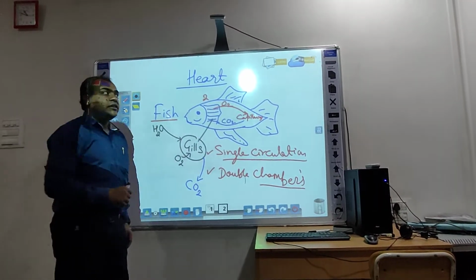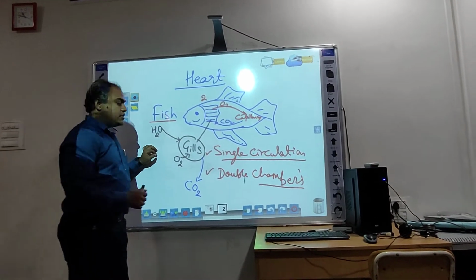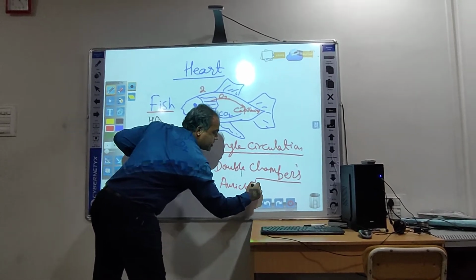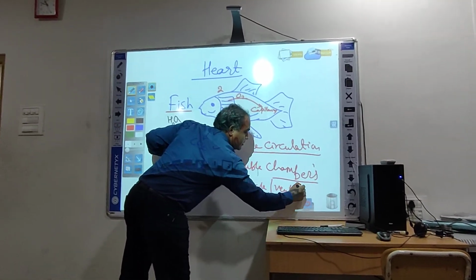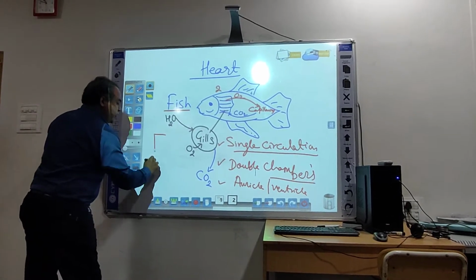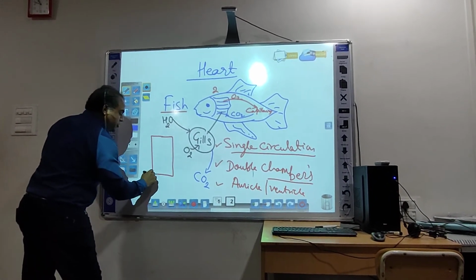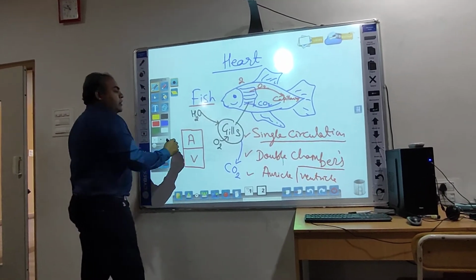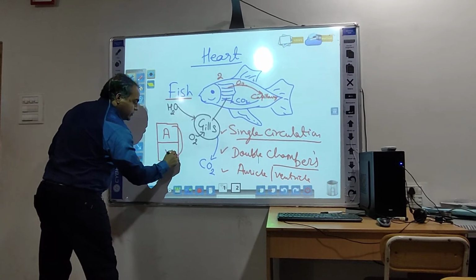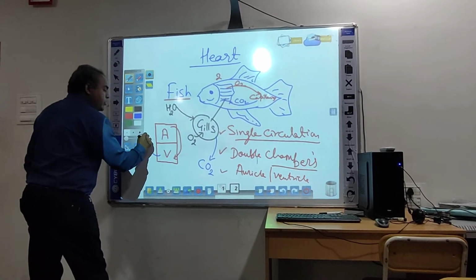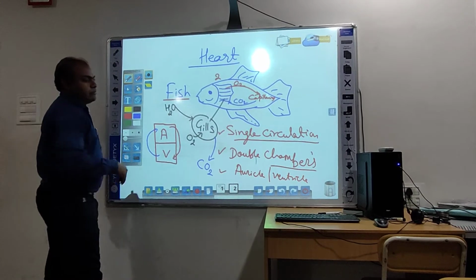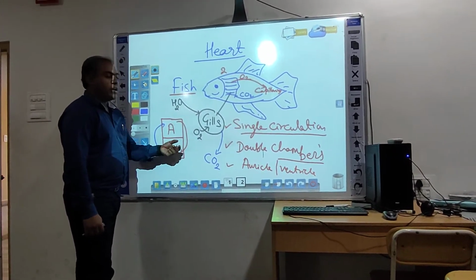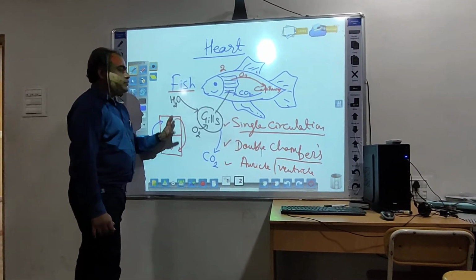The chambers that the fish has are, one is the auricle and the second one is the ventricle. If you see the heart of a fish, it is basically divided into two parts. One is the auricle and the second one is the ventricle. Oxygenated blood goes to the ventricle, then deoxygenated blood from the ventricle goes to the auricle, and then out of the body. This is a single circulation, double chambered heart, with just an auricle and ventricle.